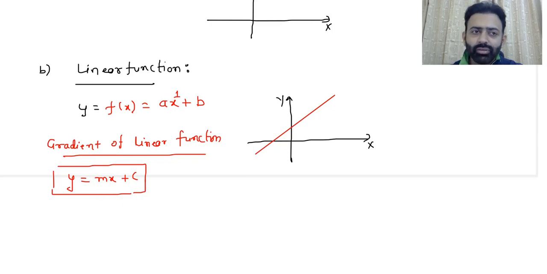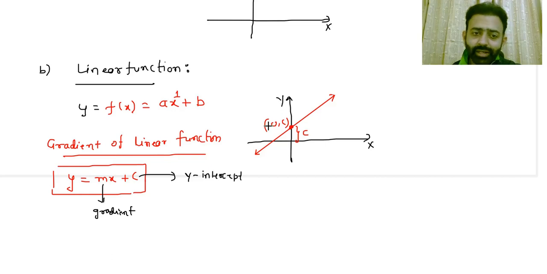The value of m is the gradient or the slope of the line, and this c represents the y-intercept. If you locate this c on the graph, this distance is c and this coordinate is (0, c). Where the straight line is intersecting the y-axis is called the y-intercept.